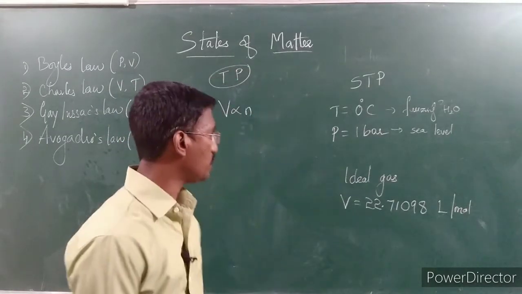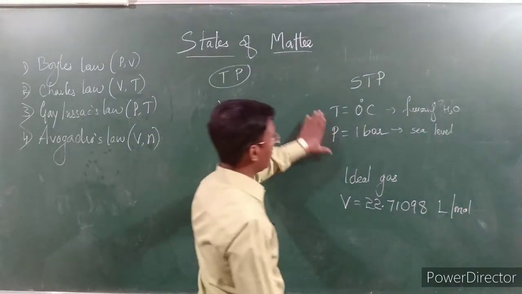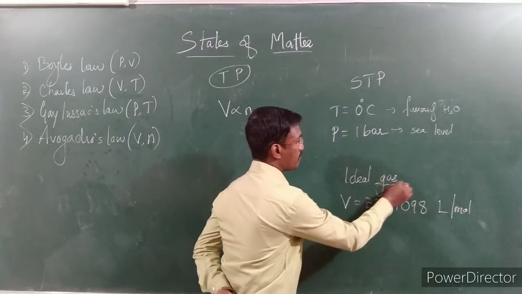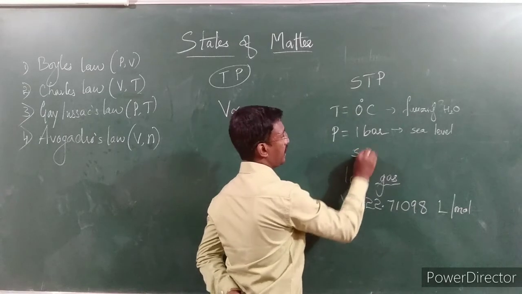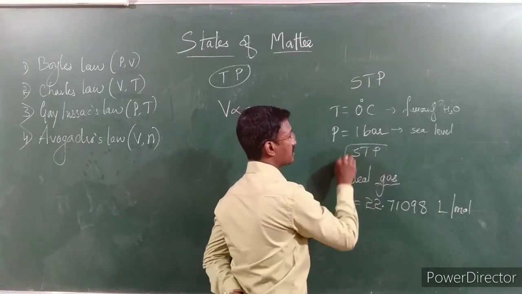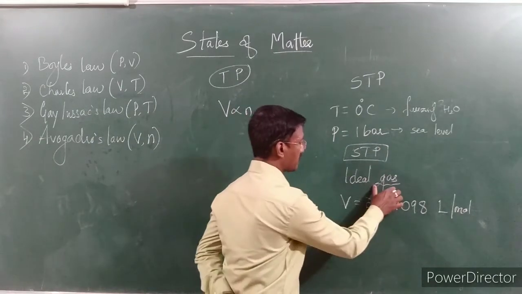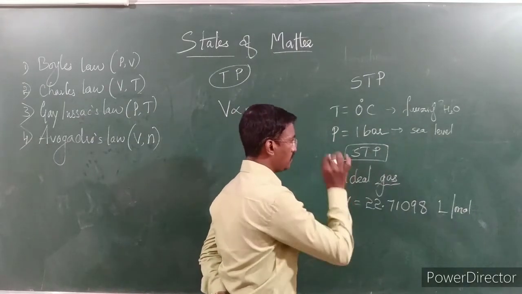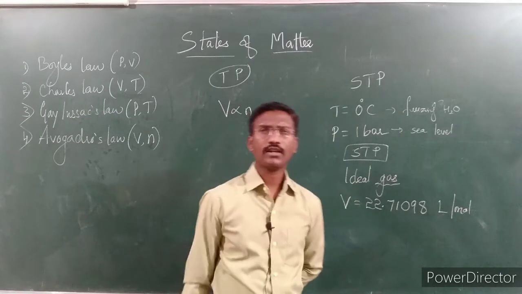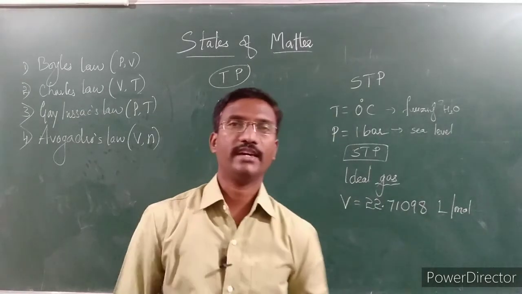Coming to the next one, at STP, at standard temperature and pressure, some gases, the ideal gases, have a fixed volume. So what are those ideal gases you are going to study right now?